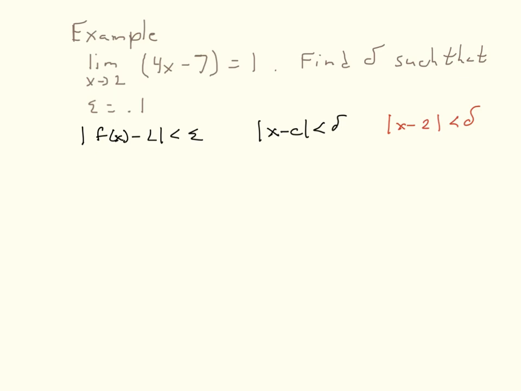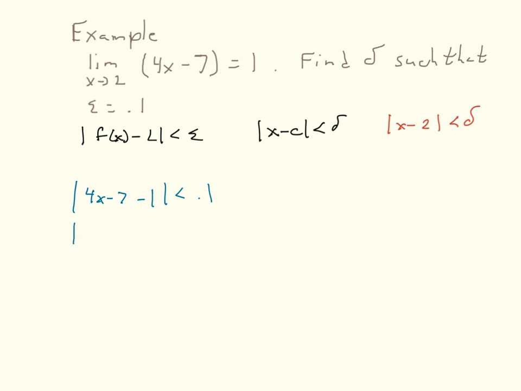So now, what I know on this problem, I know f of x is 4x minus 7, and I know L is 1, and I know epsilon is 0.1. So I'm going to get the absolute value of 4x minus 7 minus L, which is 1, is going to be less than 0.1, which was epsilon.